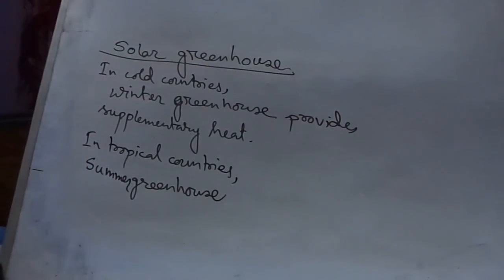Summer greenhouses are used to maintain low temperature inside and allow just sufficient sunlight for photosynthesis.